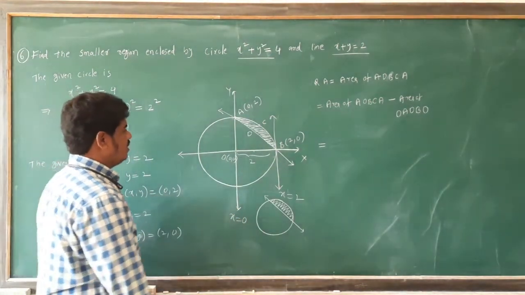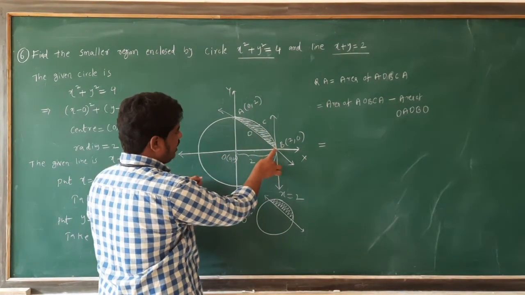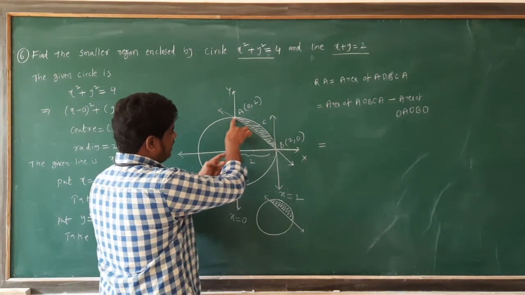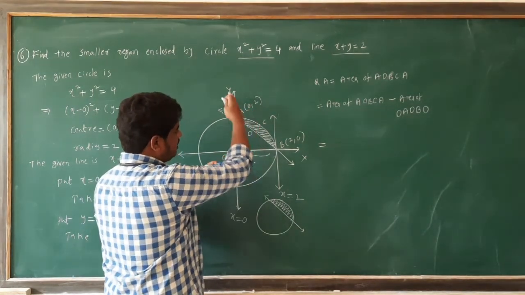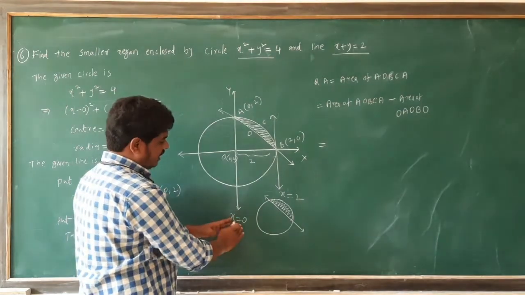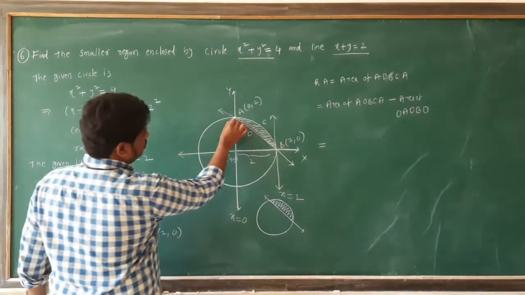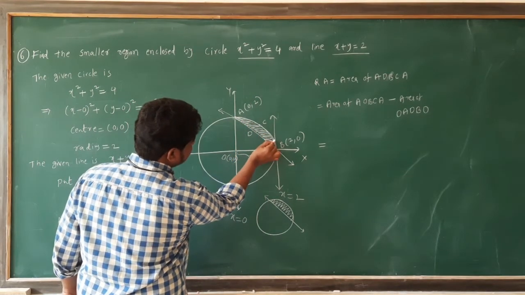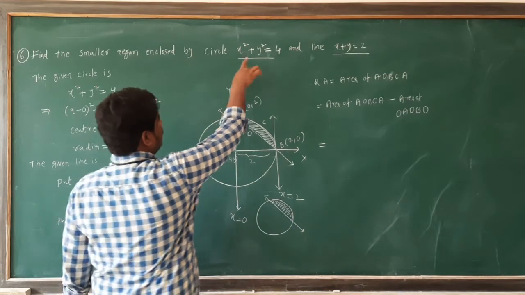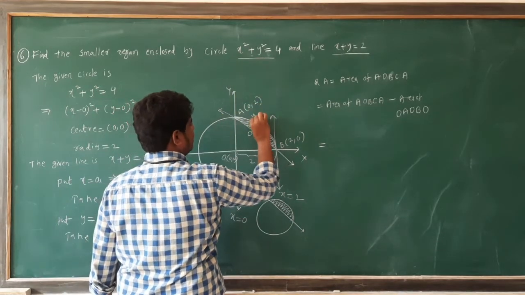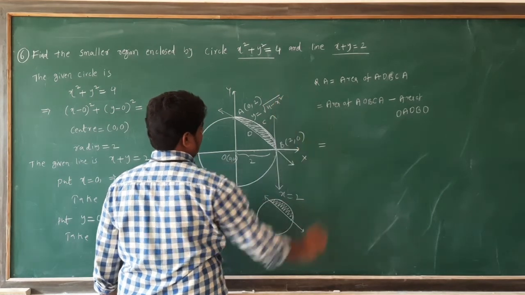Now once again, the area ACBOA is under the curve above the x-axis in between two vertical lines x equals 0 and x equals 2. Under the curve means under the circle. From the circle, what is the y? Root over 4 minus x square.